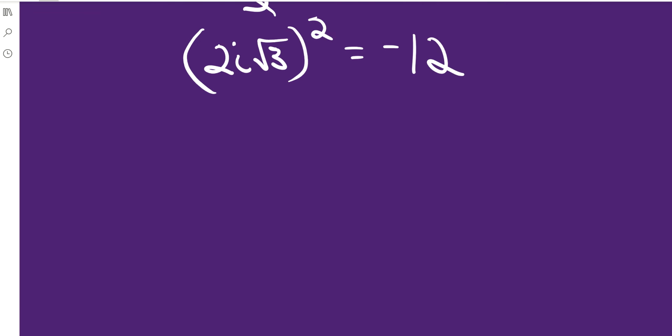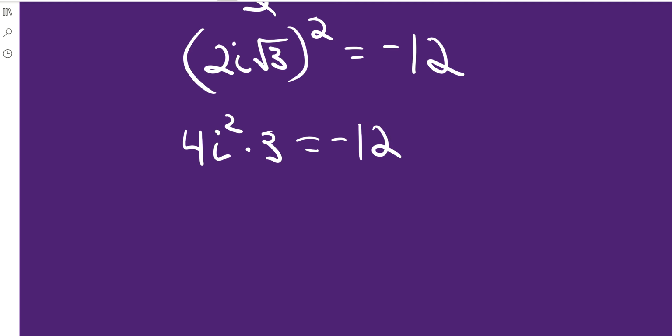When I simplify this, I'm going to have 2I squared. I'm going to have that whole thing squared, right? So I'm going to have 4I squared times 3. Because the square root of 3 squared is 3. Okay, and that's going to equal negative 12.